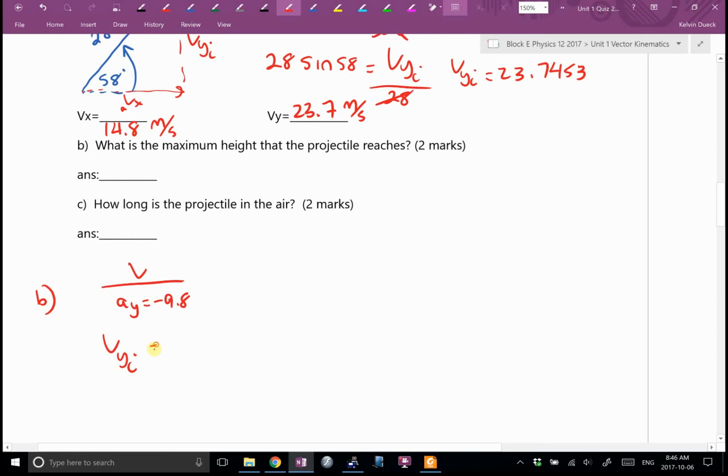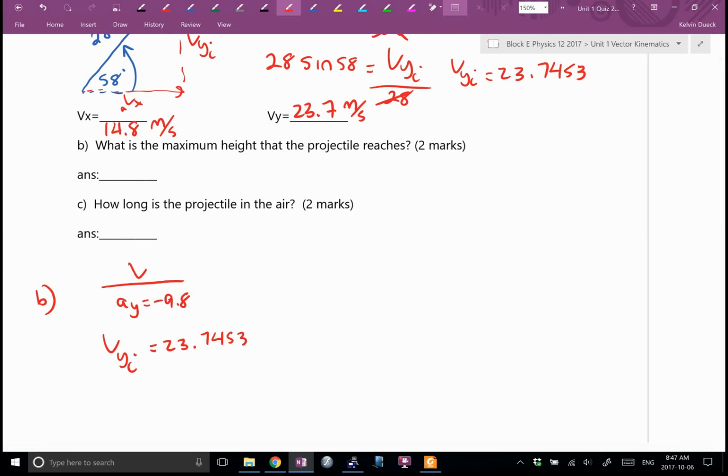Vy initial was 23.7453. By the way, when would Vy initial be negative? What situation would be occurring then? Instead of firing the projectile up at an angle, which way would you be firing it?